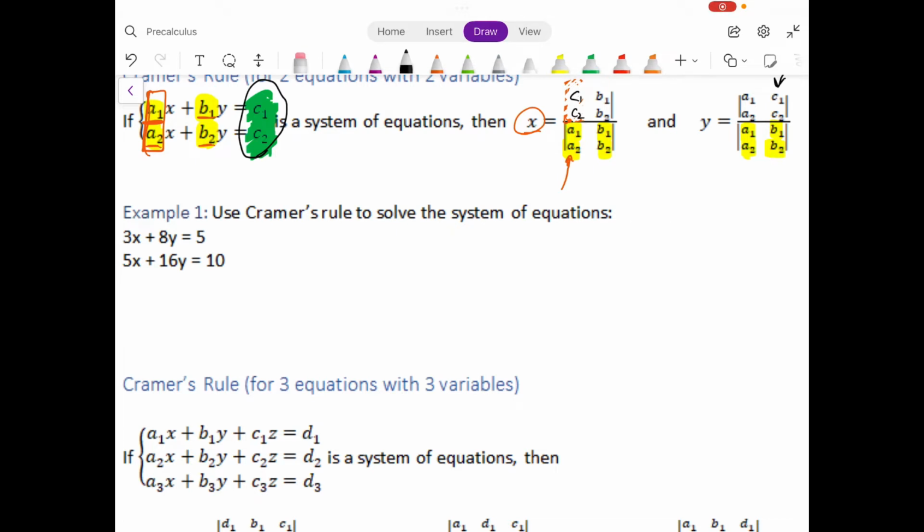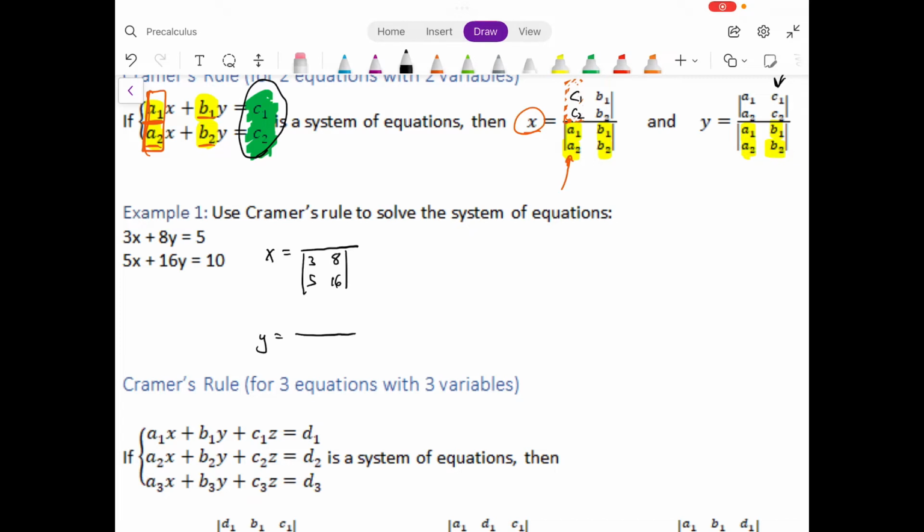All right, to find x. In fact, we'll do both at the same time. The denominator is simply the coefficient matrix. So this is 3, 8, 5, 16.